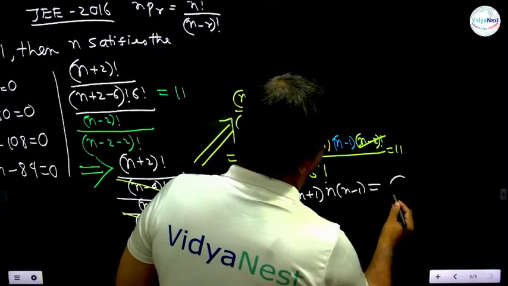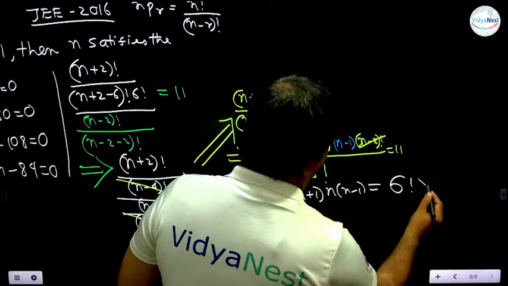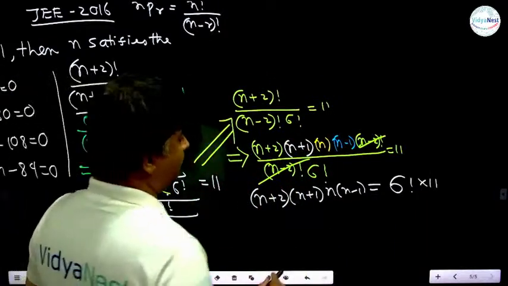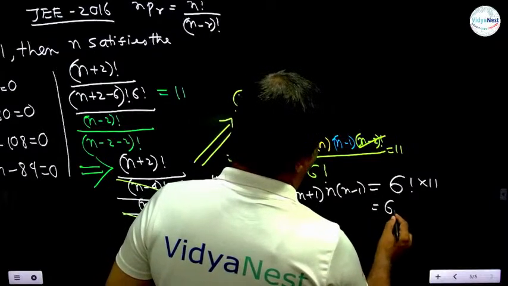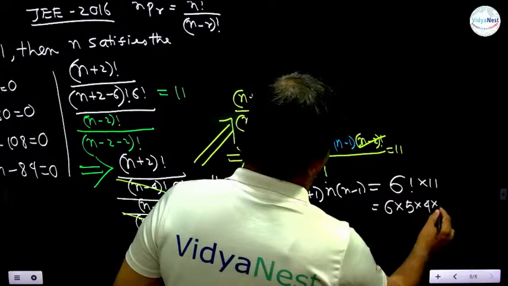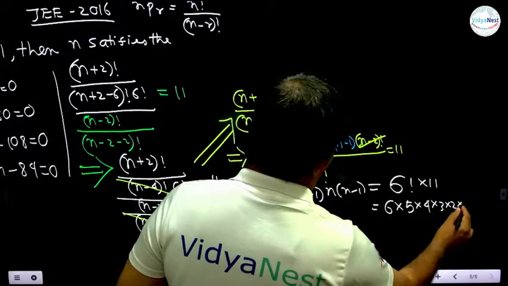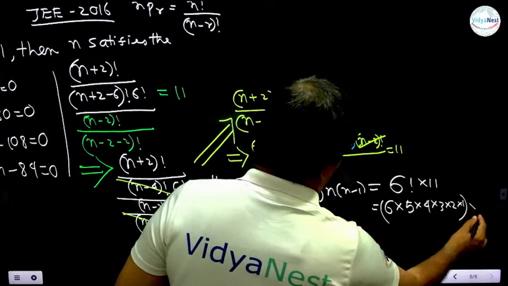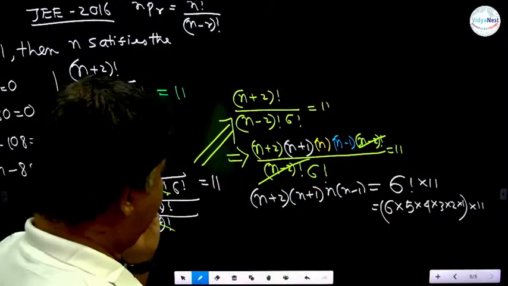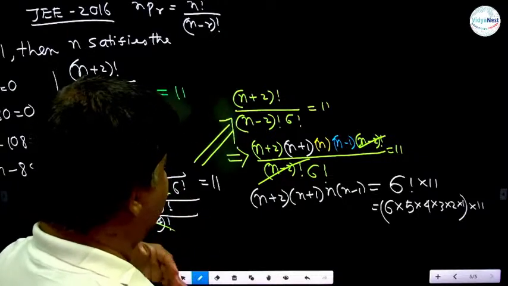So factorial 6 into 11. What is meant by factorial 6? Factorial 6 means 6 into 5 into 4 into 3 into 2 into 1. Yes or no? Hope it is yes. Now, next, how to proceed?